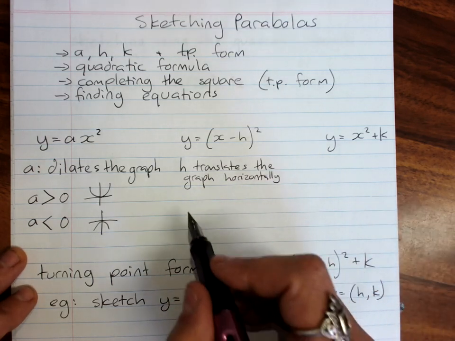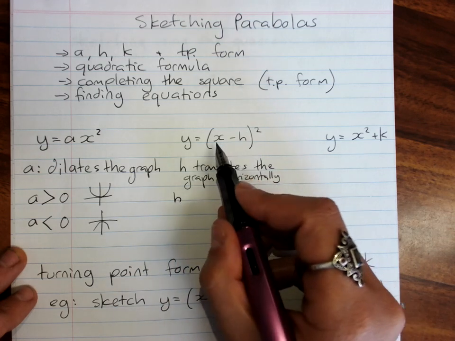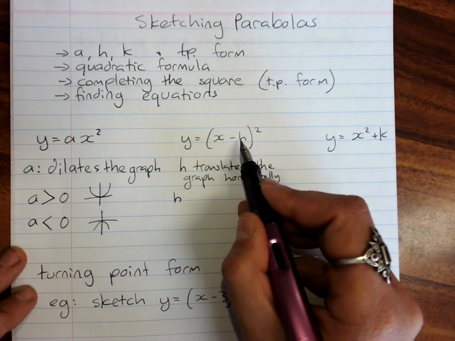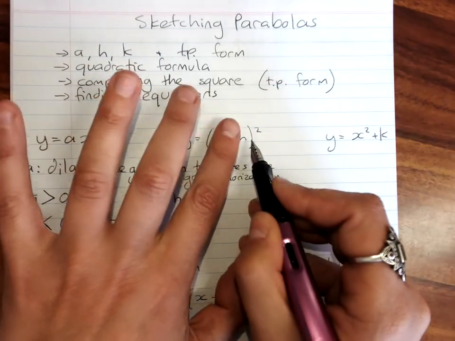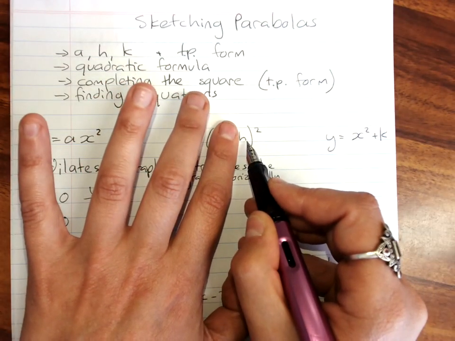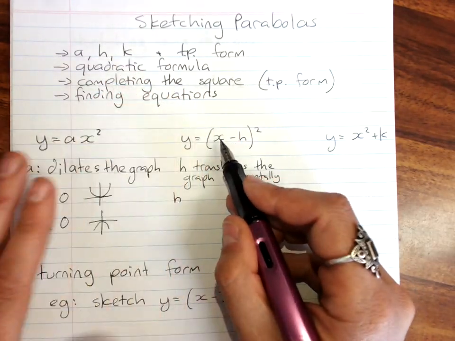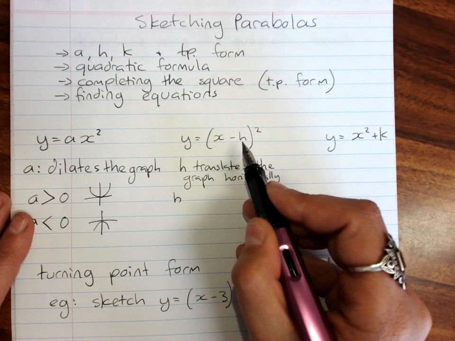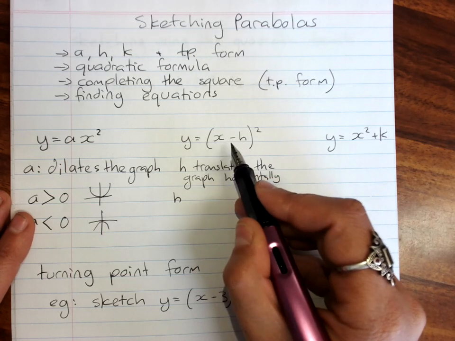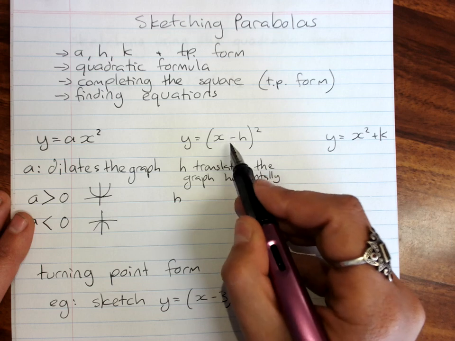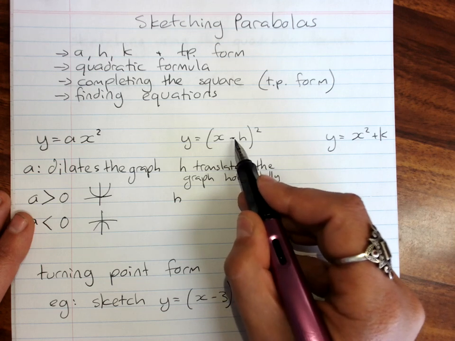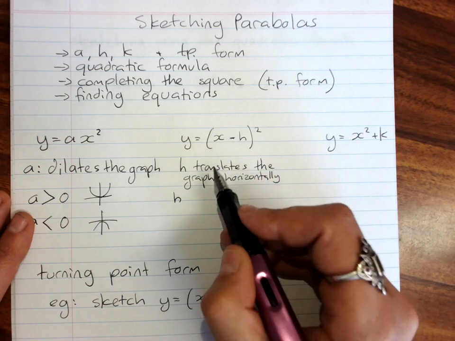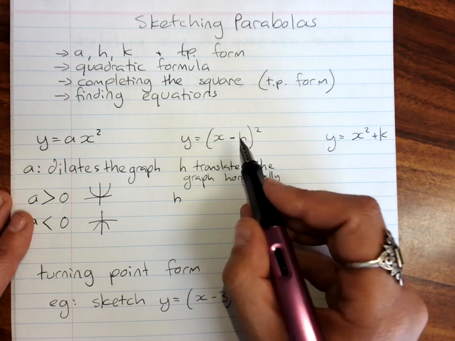Now you will see that we've actually got x minus h. h itself is separate from that negative. So if you see x minus 2, then h is positive. If you see x plus 2, then h is negative because this minus is there, so h must be negative to see a plus 2.